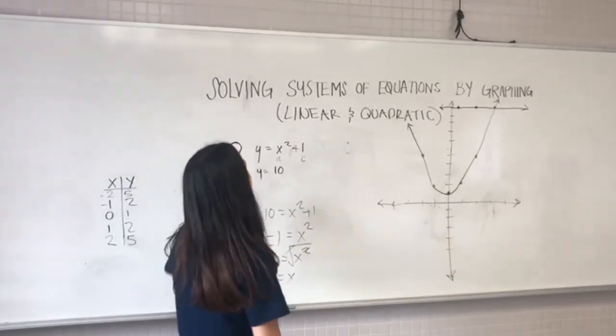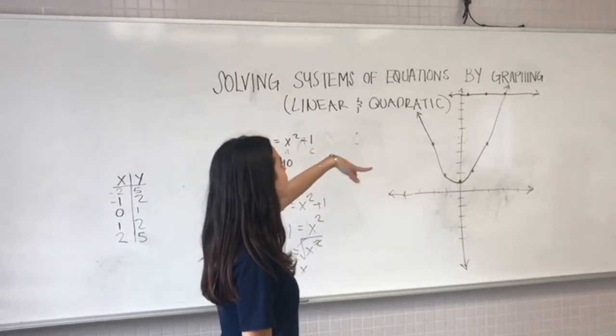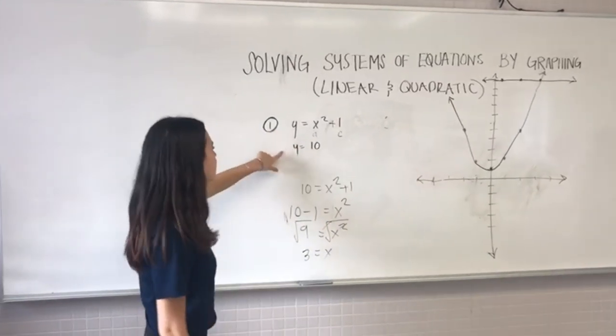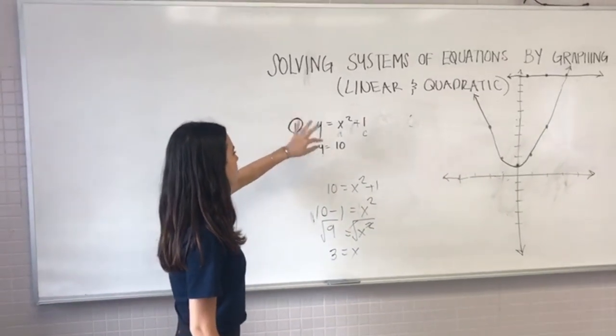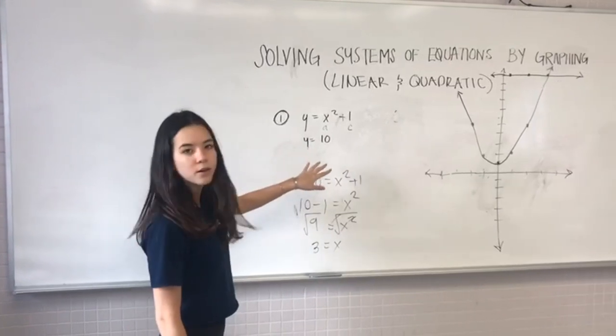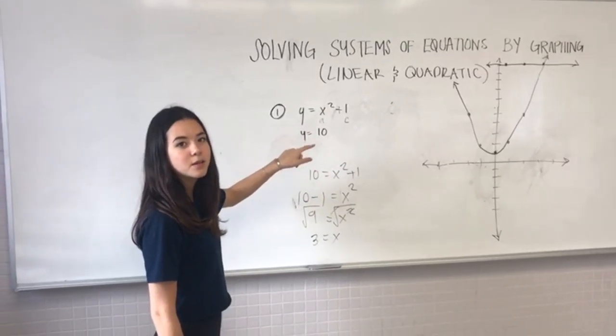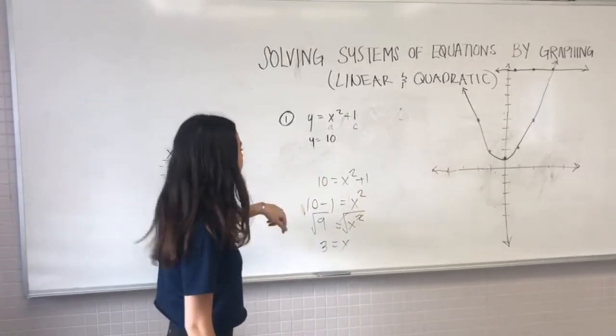Now we're going to explain how to solve systems of equations with linear and quadratic formulas. This is the first problem, where we first start with the formula negative b divided by 2a.